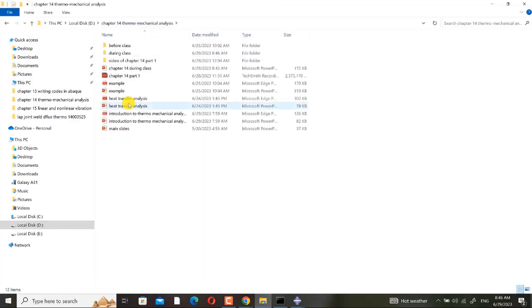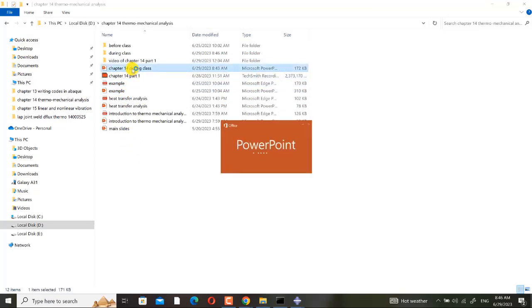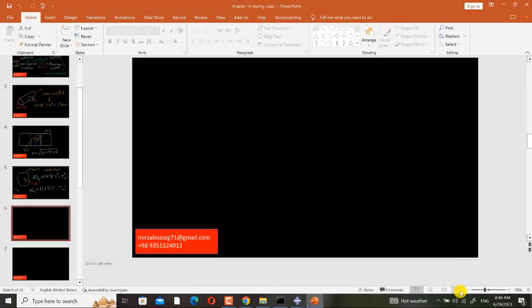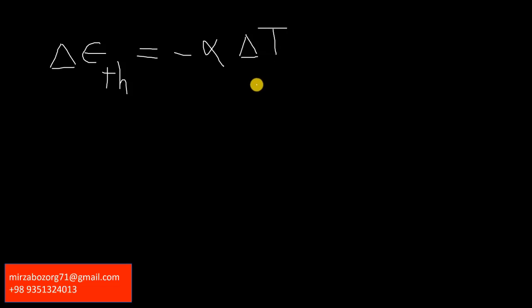If I show you thermal strain, delta epsilon thermal is equal to minus alpha delta T or delta theta.